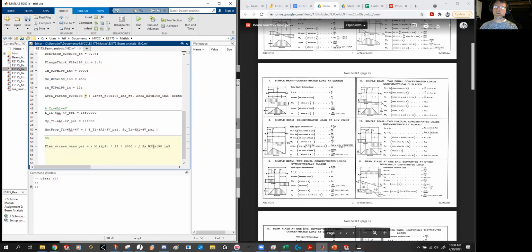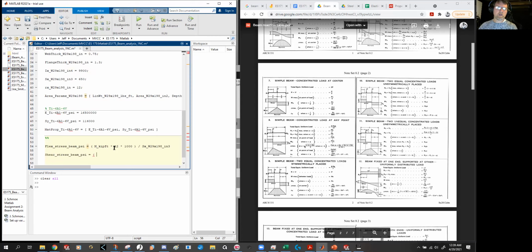Good. Okay, so there's that one. And then there's shear stress on beam, and that's also in PSI. That is to be 3V over 2A.